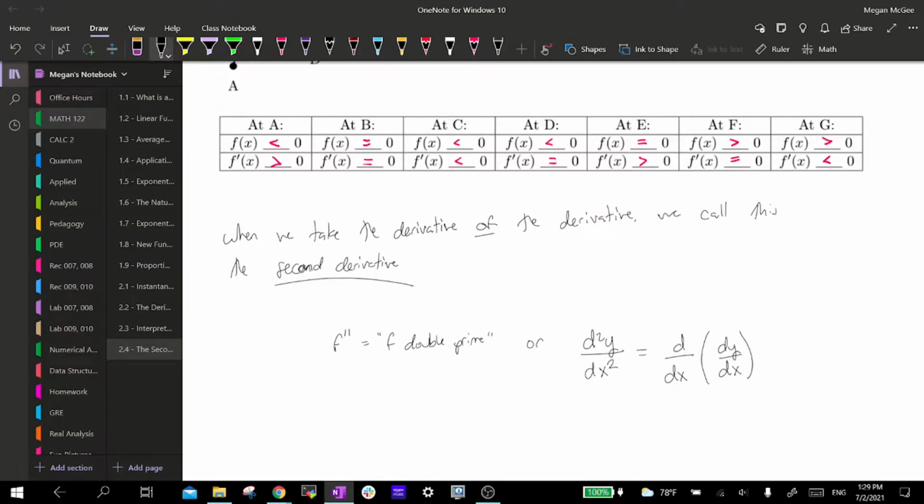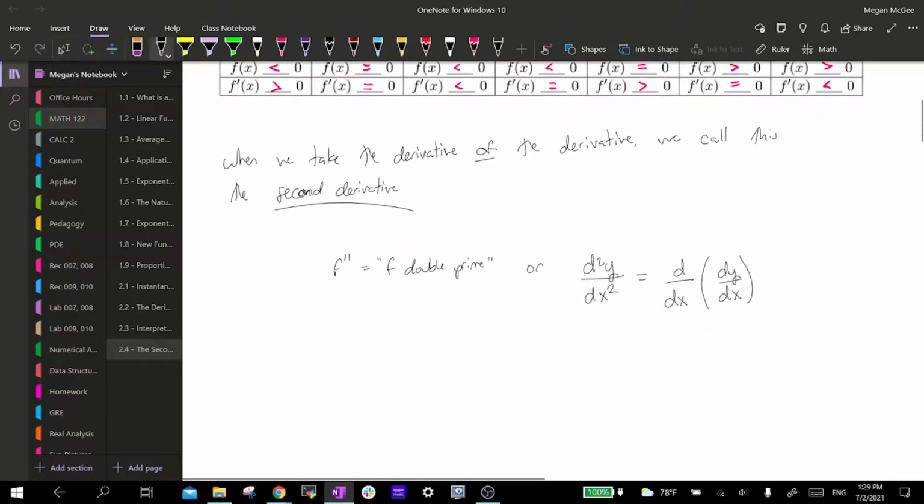Alright, so now we know that the first derivative tells us if the function is increasing or decreasing.